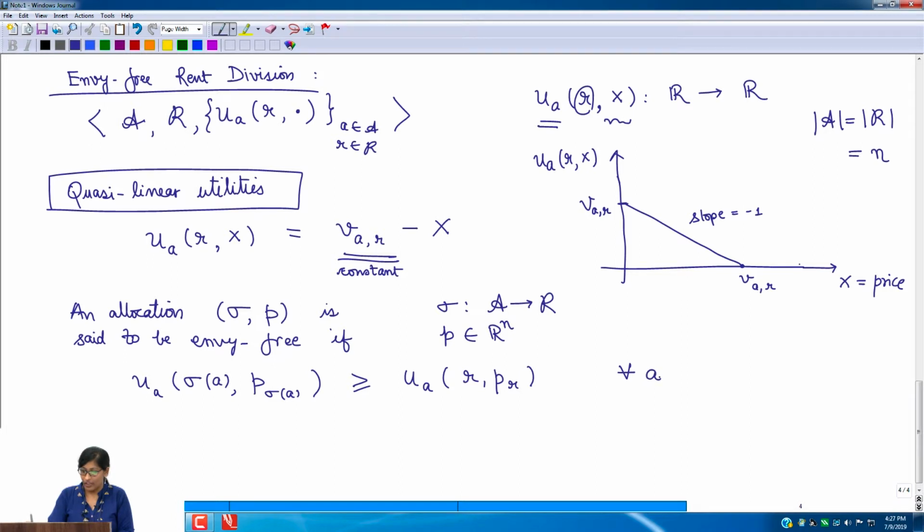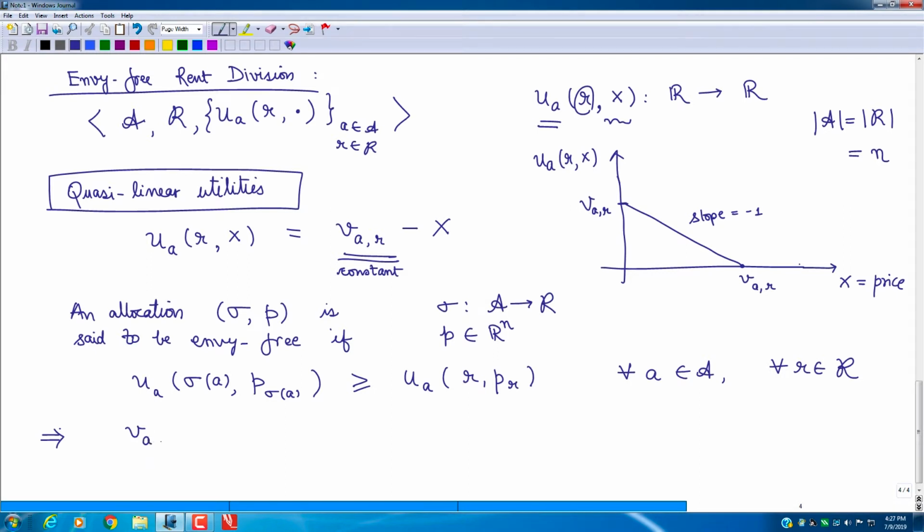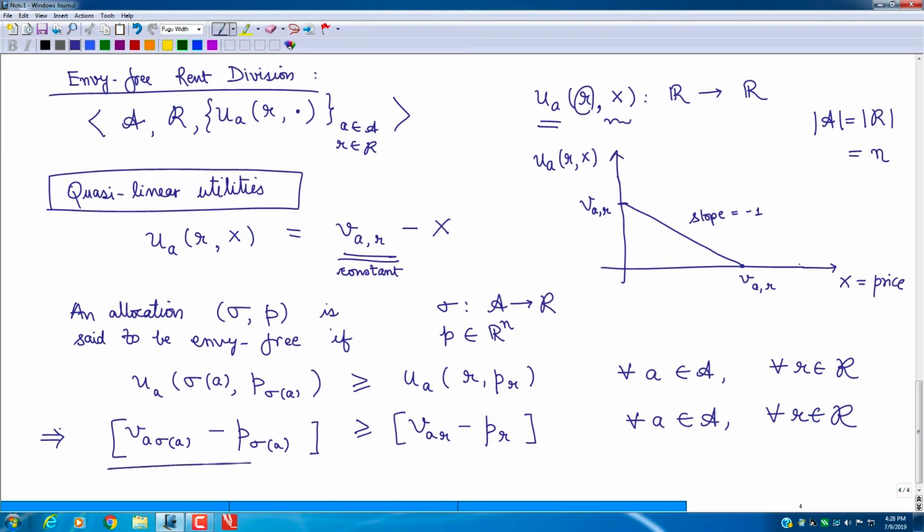This happens for every agent A and for all rooms R. I can write this envy-free constraint as V_A(sigma(A)) minus p(sigma(A)), because that is the utility model I'm assuming, which is quasi-linear. This is at least V_A(R) minus p(R): the utility he's deriving from his assigned room sigma(A) is at least the utility he's deriving from any other room at its own price. So this happens for all A, for all R. This is the envy-free constraint.